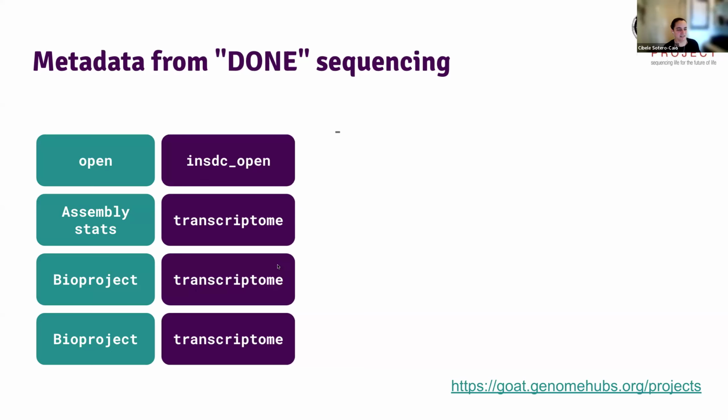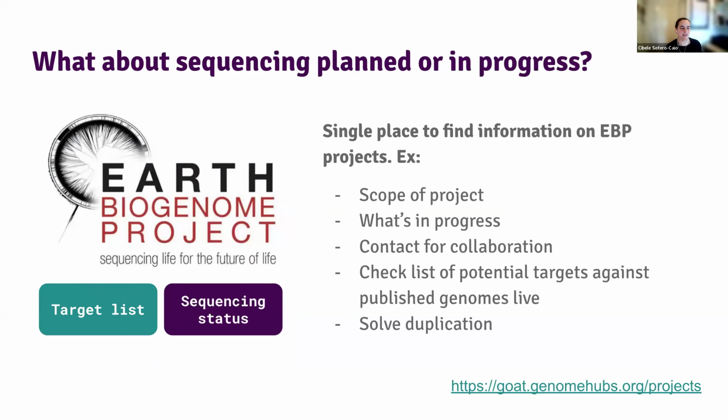And yeah, I really like transcriptome. There is a way to know if there is RNA data for your species. Okay, but you have to make the distinction between what is done data versus what's planned and in progress. And there is where it comes what GOAT collates in terms of the projects that belong to the Earth BioGenome Project.